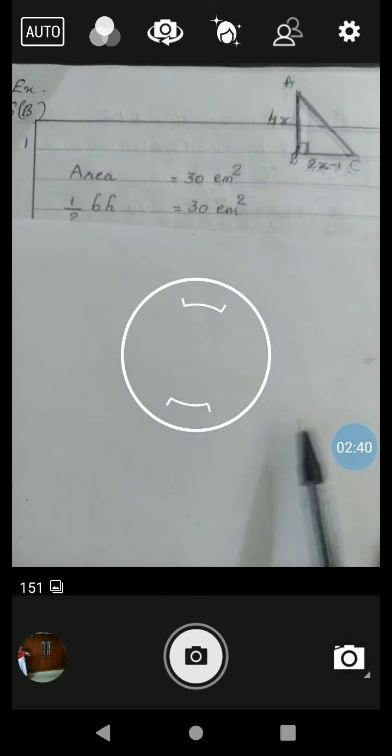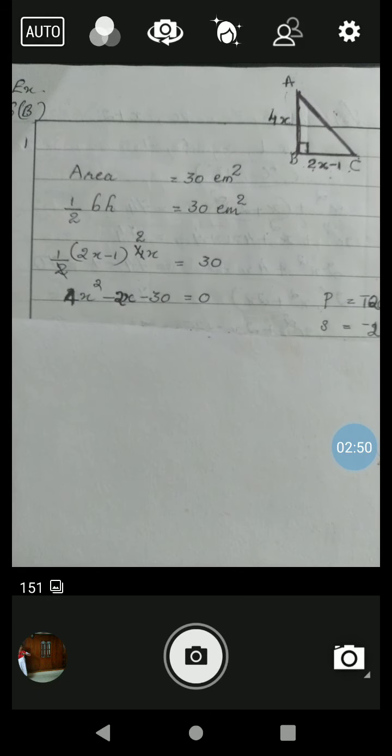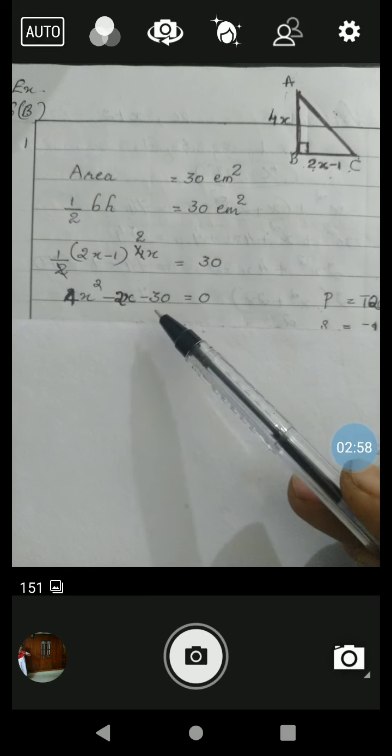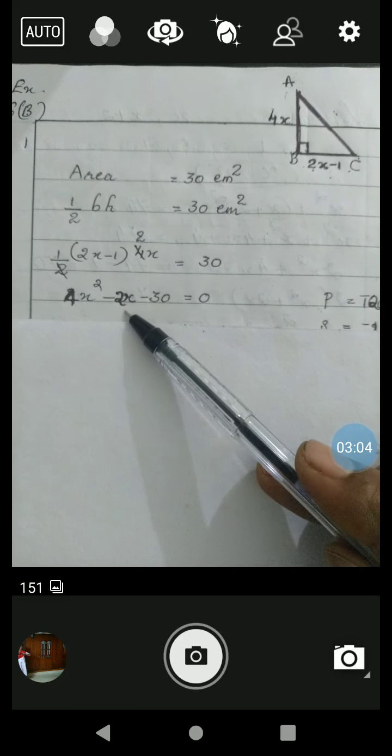Then, you will get half of 2x minus 1 into 4x is equal to 30. Simplify that equation. That is 4x square minus 2x. Transpose 30 to the left side, you will get minus 30 equal to 0. Again, we can simplify this equation by taking 2 outside. 2 is common factor.